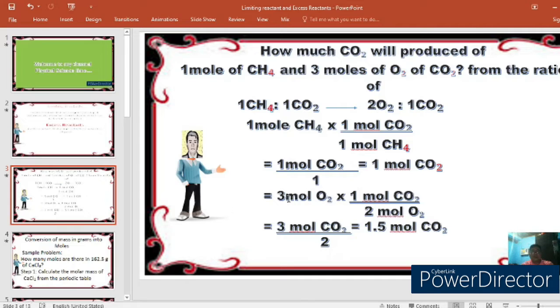So we get 3 moles from here, while we get 2 moles of dioxygen from the coefficient of dioxygen here. Okay, so 3 divided by 2, that is 1.5 moles of carbon dioxide.